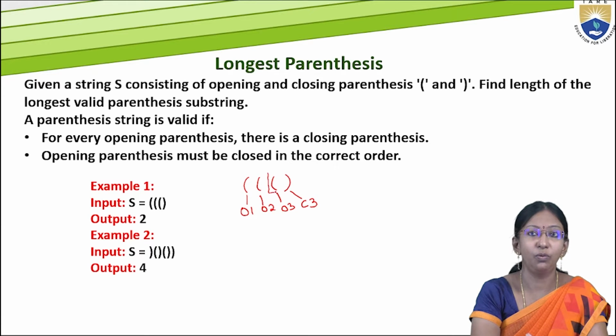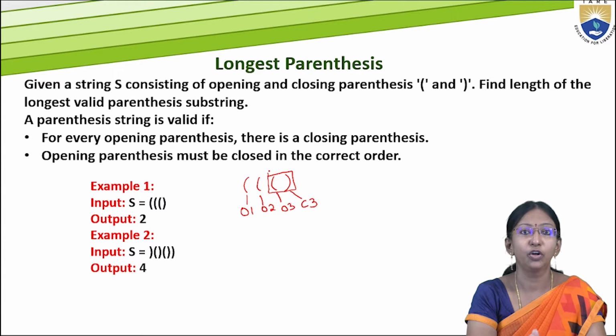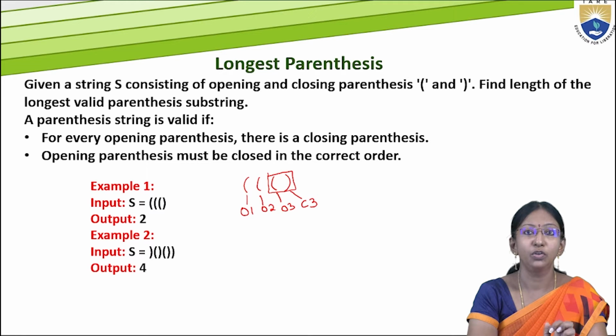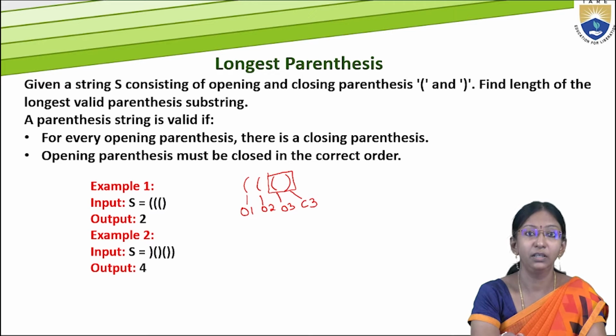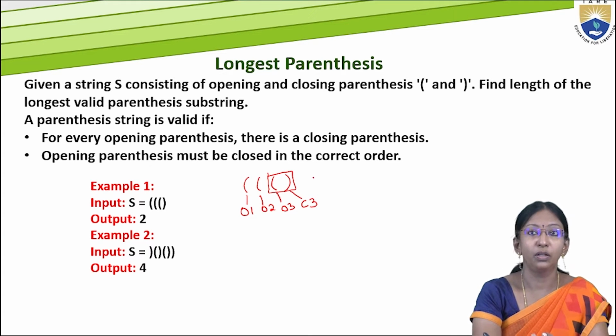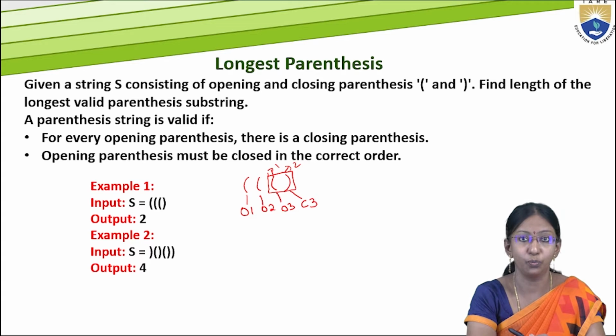This is the only pair which is properly valid. So the output is 2, because the opening and closing parentheses each contribute to the length of the valid parenthesis in a string. The open one contributes 1 and the closed one 1, so the length is 2.